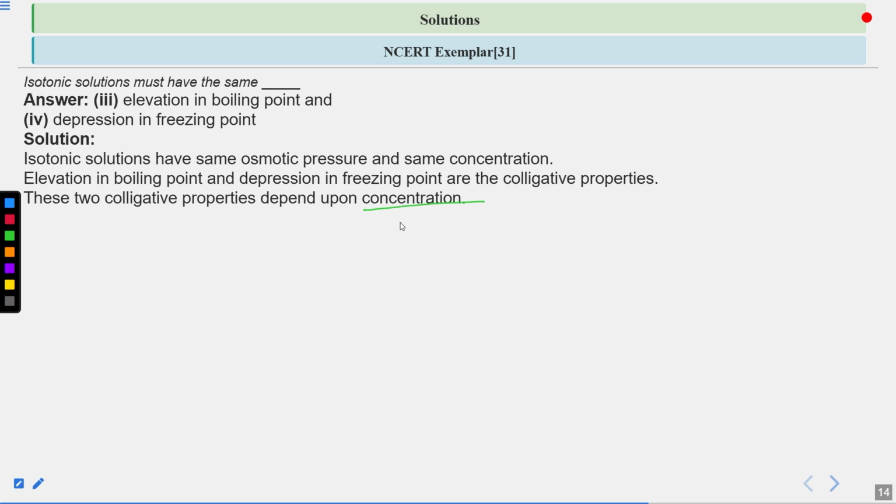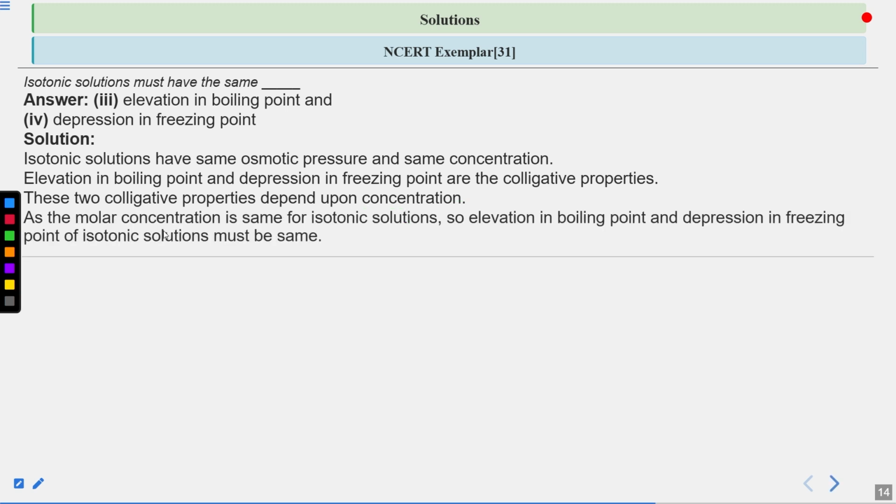And as the molar concentration is the same for isotonic solutions, the elevation in the boiling point and the depression in the freezing point of isotonic solutions must be the same. So isotonic solutions must have the same what? Elevation in the boiling point and depression in the freezing point. And thus the correct answer is option third and fourth.